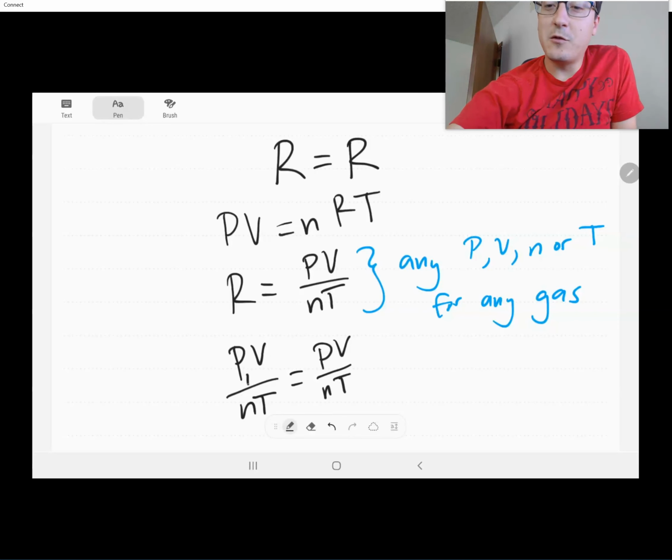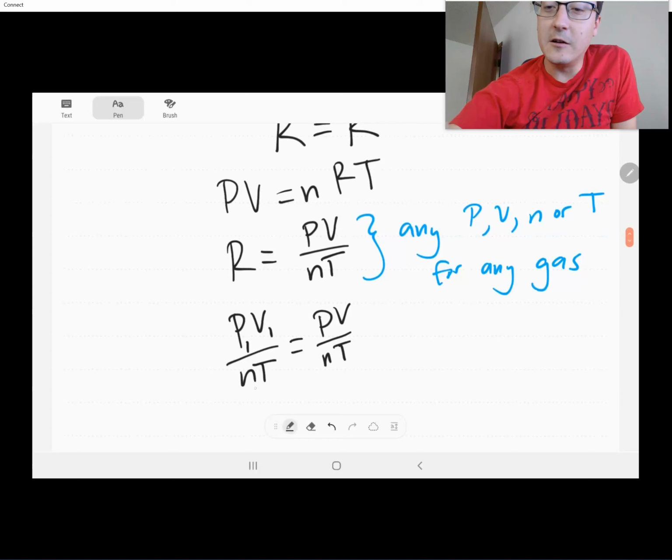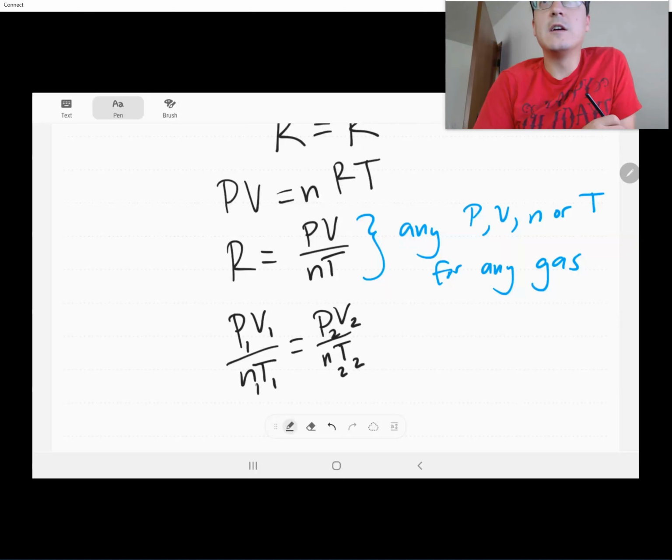And just like before, we can throw ones on all of these and twos on all of those. So for any gas that we're messing with, we can mess with these things and figure out what's going to happen. It's just the same type of equation as before.